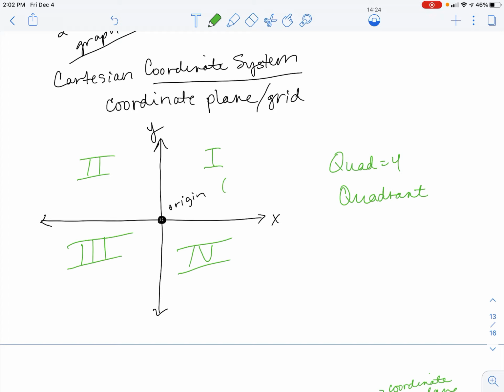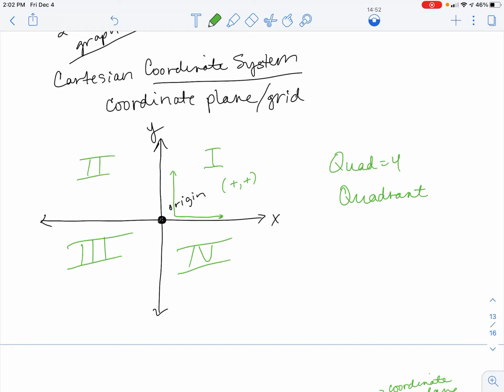If you think about quadrant 1, all of your coordinate points that are going to be up in this region of your coordinate plane will be positive. Your x and your y will both be positive. Why? Because on my x-axis, I'm going to be traveling this direction, which is a positive direction, and on my y value, I'm going to be traveling up, which is also positive. So all of my points that get plotted into that quadrant have both positive numbers.